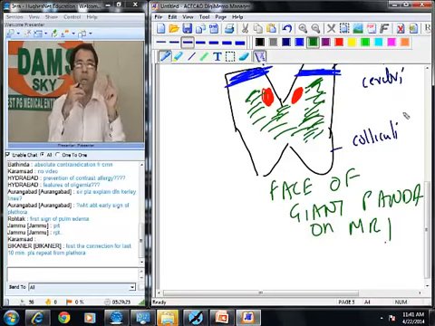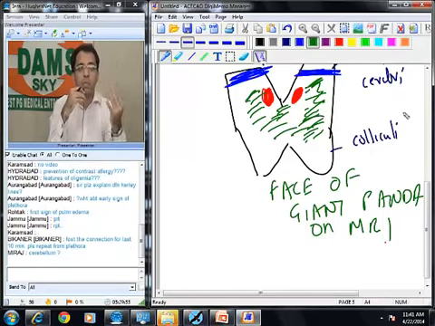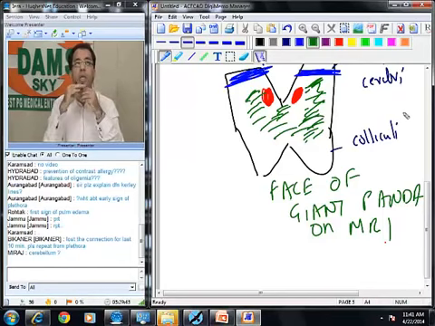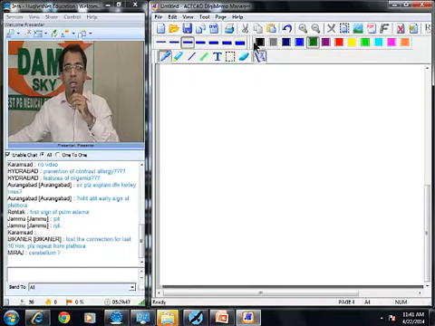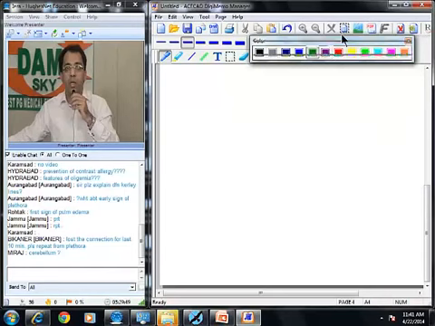Now let me again recap. Wilson's disease, childhood present with movement disorder. It involves the striatum, white matter, midbrain, but usually cerebellum is not involved. Okay, it spares the red nucleus. This is called face of giant panda appearance on MRI. Another question to you is, if they ask you, please see this very carefully.